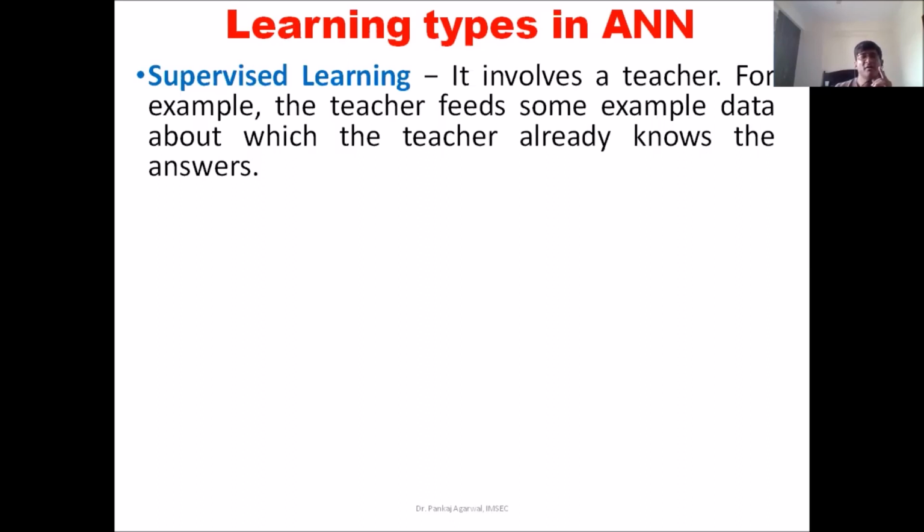See, mind you, we don't know how we can go from input to output. Otherwise, we would have written hardcoded algorithms, right? And that is why we are talking about this kind of learning. Since we are not able to devise, and since we don't even know the method of going from input to output, we can assume that there is a function from input to output. That function is not known, and this function is being trained through these examples, right?